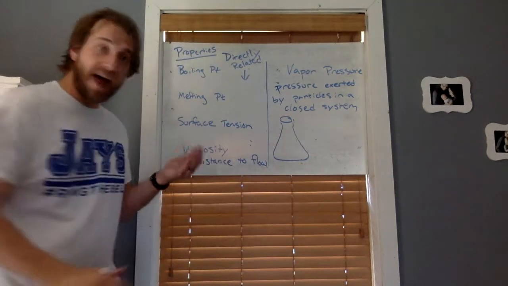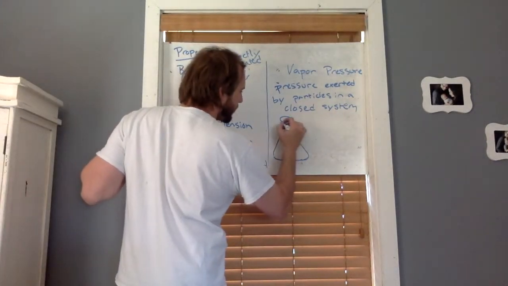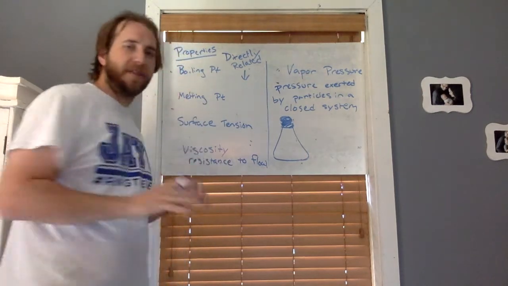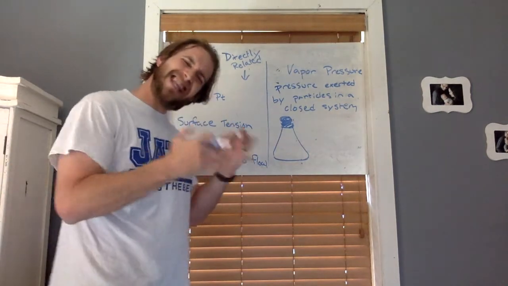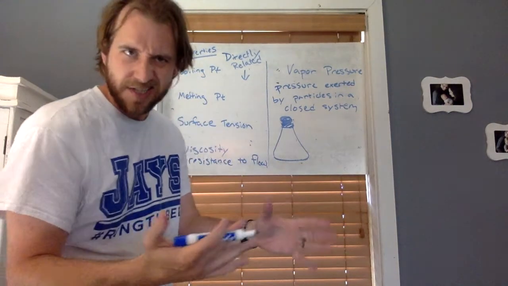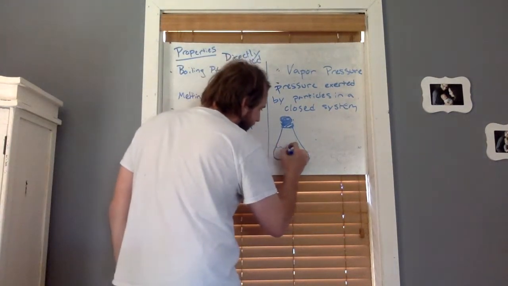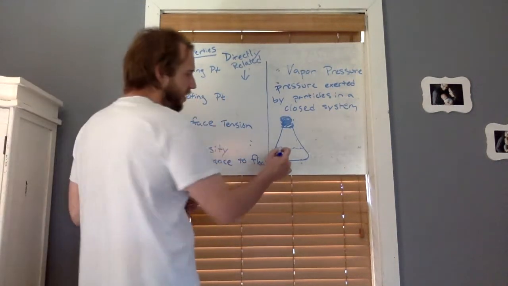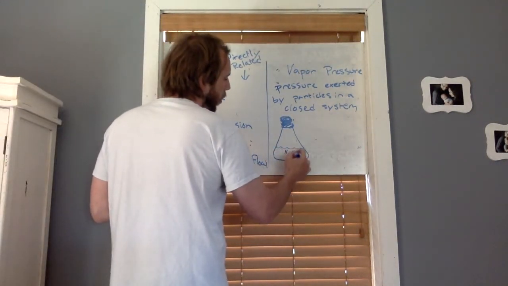If I had a flask, a sealed flask, so I'm going to put a rubber stopper in here. Rubber stopper, sealed up. If this was a flask and it was sealed, and in that flask I had already put in a liquid, obviously I would have had to do this before I sealed it up. Let's say, just for the sake of argument, it was water.